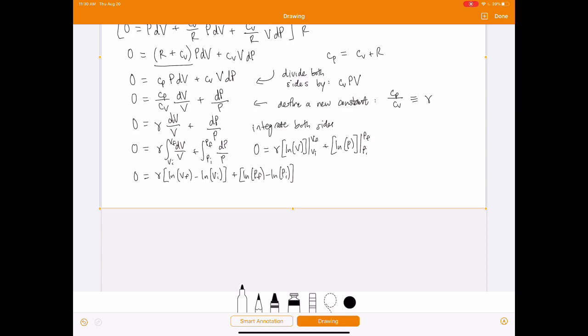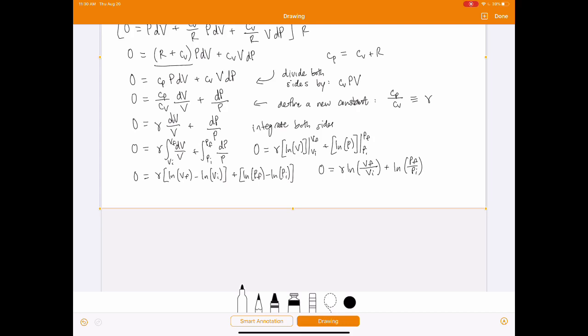I hope you remember some of the properties of natural logs because we're going to use them. The first thing we can do is remember that when I'm subtracting two different natural logs, I can bring those together as a single natural log by dividing. So the first term is gamma times natural log V final over V initial, and the second term is natural log P final over P initial.